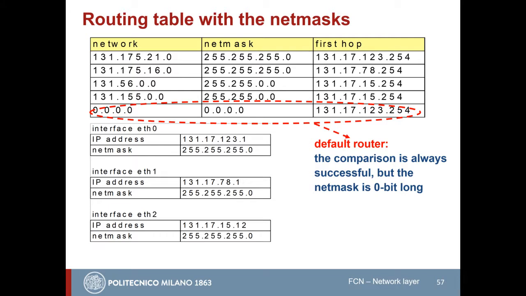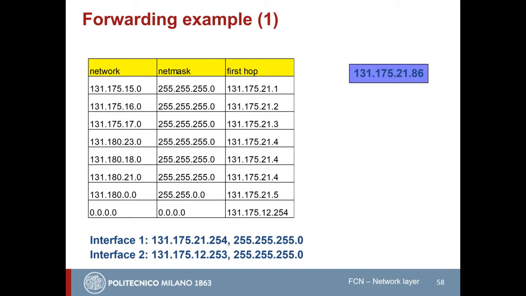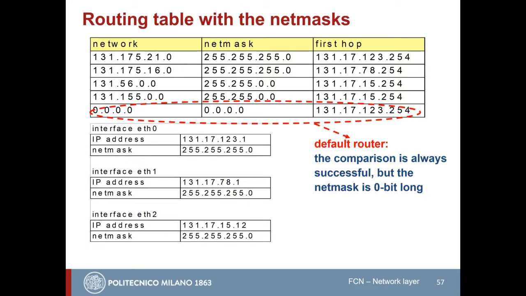I think last time we were at this point. This was the last slide. So we also introduced the default router, the meaning of the default router. That corresponds to the special entry in the routing table with net mask of length equal to 0.